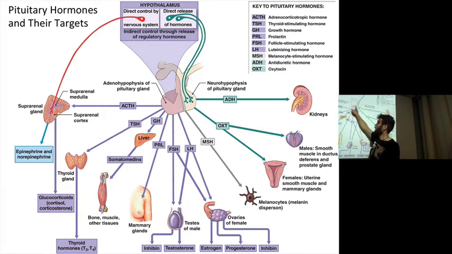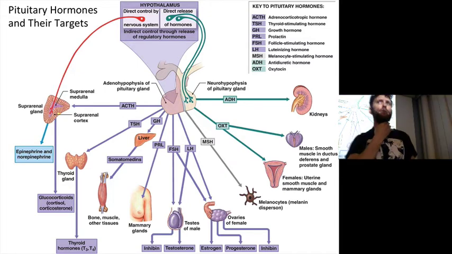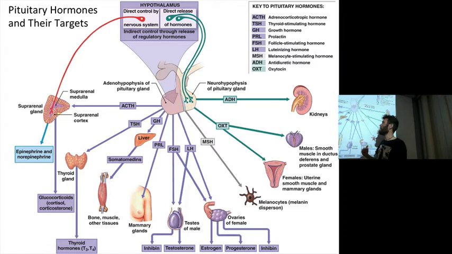So thyroid stimulating hormone travels to the thyroid, which is right here in your neck, and that's going to lead to the release of T3, T4, the thyroid hormones, which are going to have their downstream effects on the body. Growth hormone travels to the liver, has its own effects on epithelial cells, etc., but it will travel to the liver, which will then produce the somatomedins, which help you to grow your muscle, bone, cartilage.